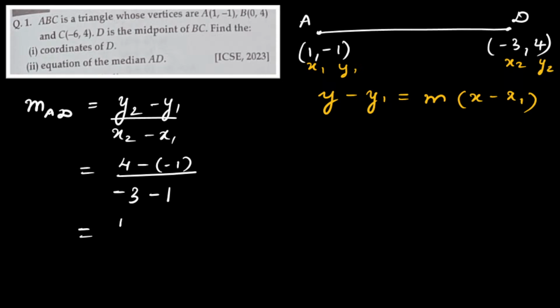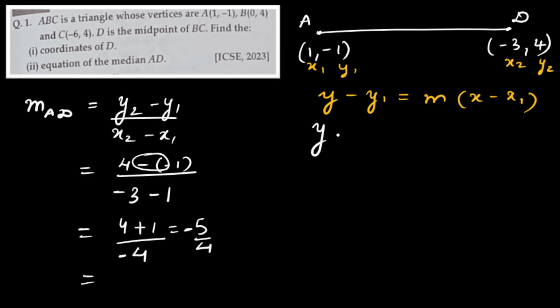Two signs are together, so 4 plus 1, minus minus is plus. Here minus 3 minus 1, these signs are not together, so we simply add 3 plus 1 is 4, but with a minus sign. So 4 plus 1 is 5, 5 by 4. The minus sign we can shift to the numerator. Are you also getting minus 5 by 4 as the slope?